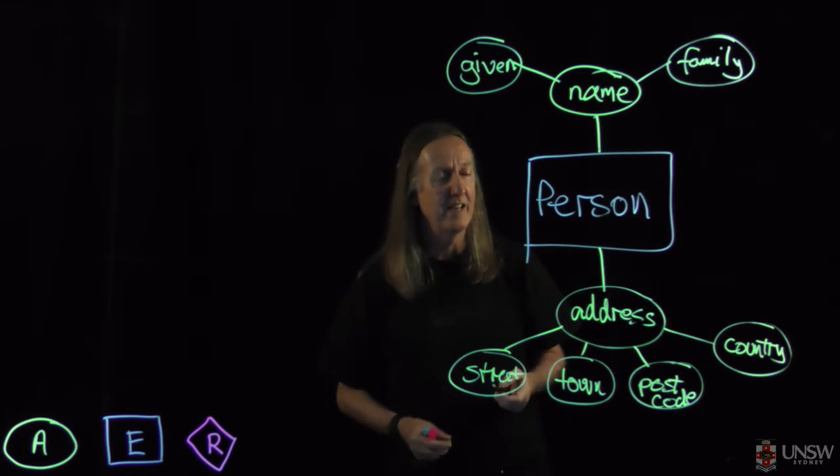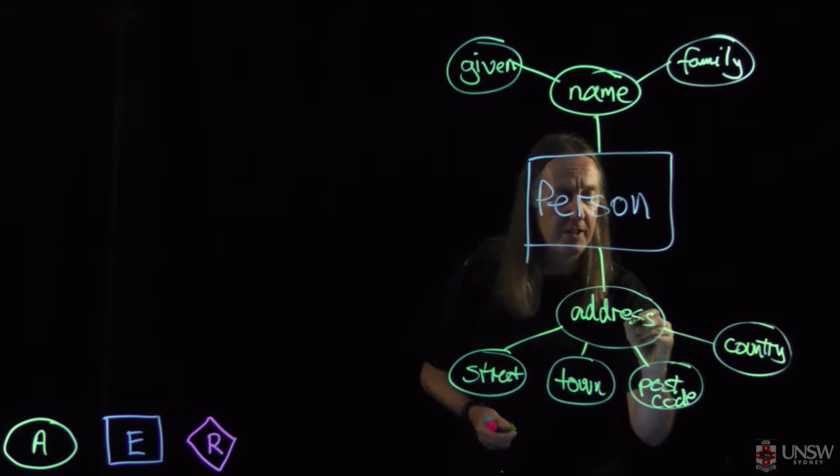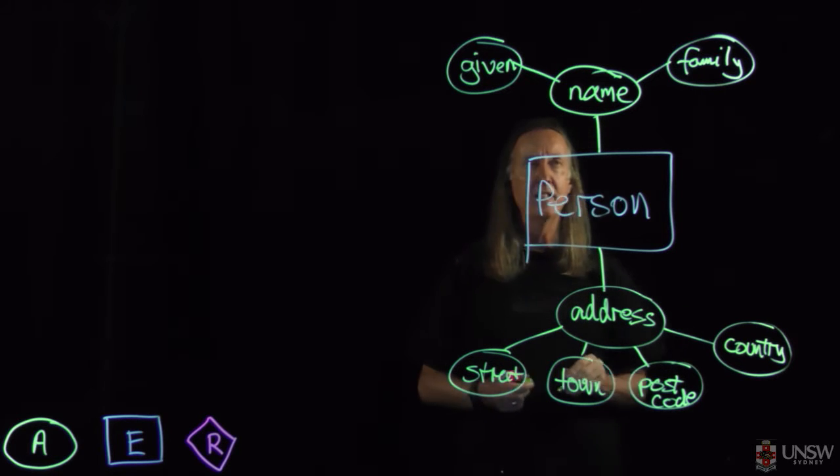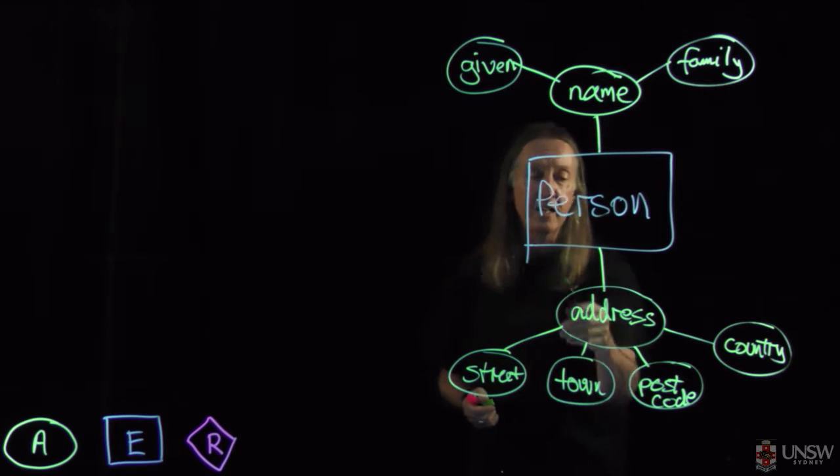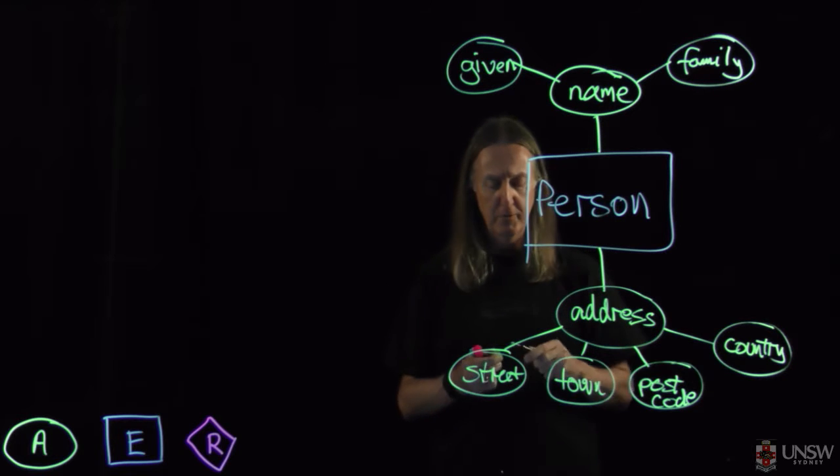And of course you might have other kinds of things, but for the sake of this scenario, that was all that was mentioned in the requirements. Okay, so once again, composite attribute consisting of 4 parts.